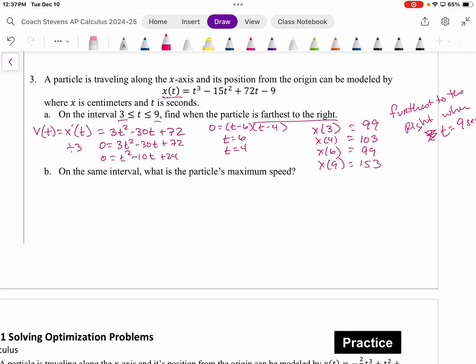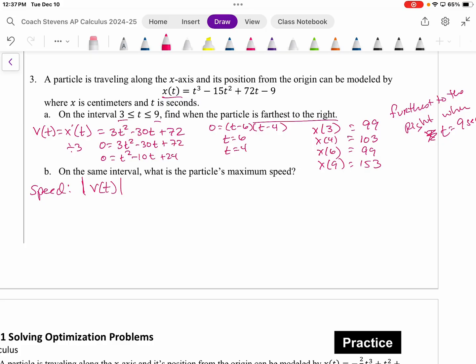We always associate speed with the velocity, but technically we need to do what to it? Anybody remember? Jeffrey? Yeah, we have to find the absolute value. Speed is the absolute value of the velocity.